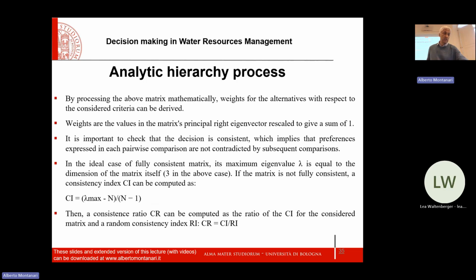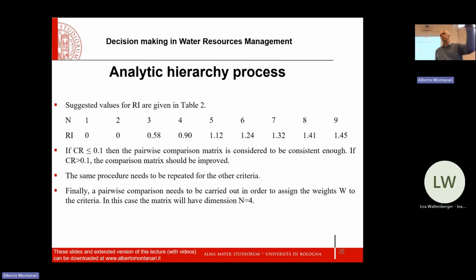RI is already given for the matrix. You don't need to make the computation. So if CR is less than 0.1, you can take the matrix as okay. And if it is greater than 0.1, you have to tell people, let's start again with our comparison.